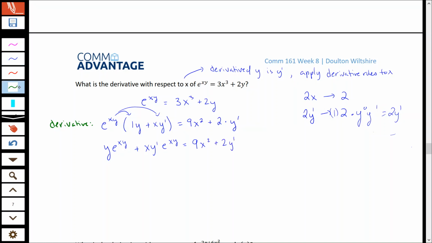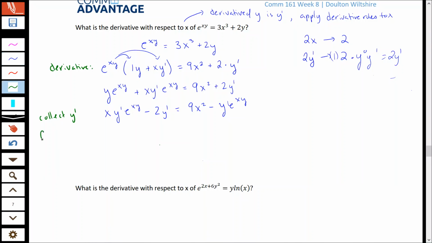And now we can collect our y primes. So when we collect our y primes, again, we're just bringing any term that has a y prime to one side, any term that doesn't have a y prime to the other side. So I've got this x y prime e to the xy minus 2y prime is equal to 9x squared minus y e to the xy.